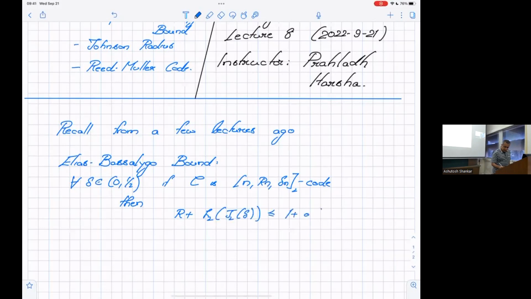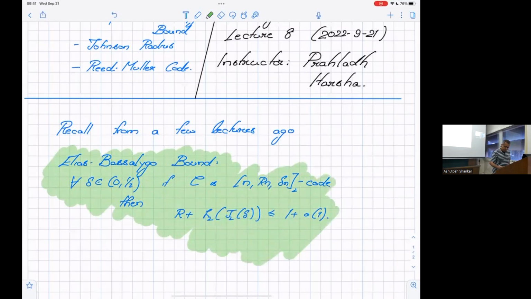Where the Johnson radius J2(delta) is half of 1 minus the square root of 1 minus 2 delta.